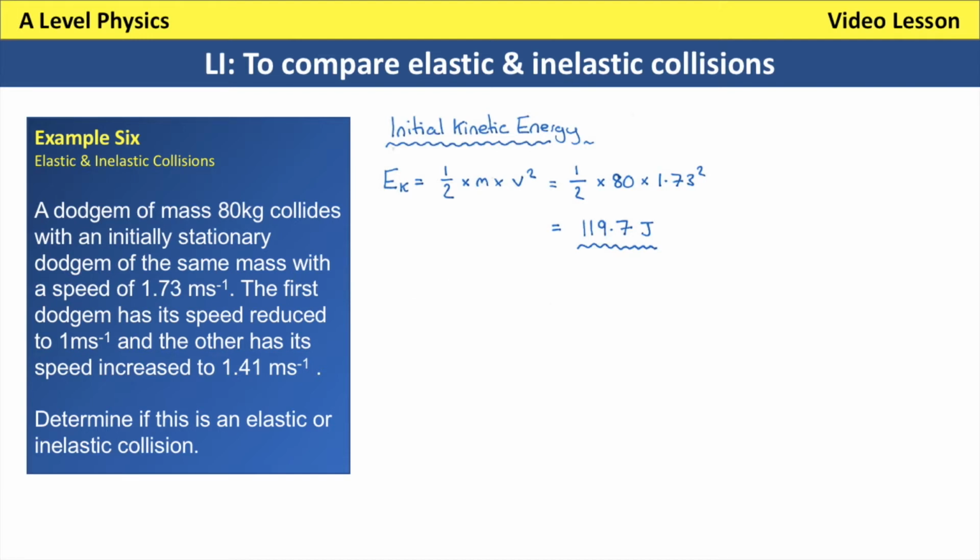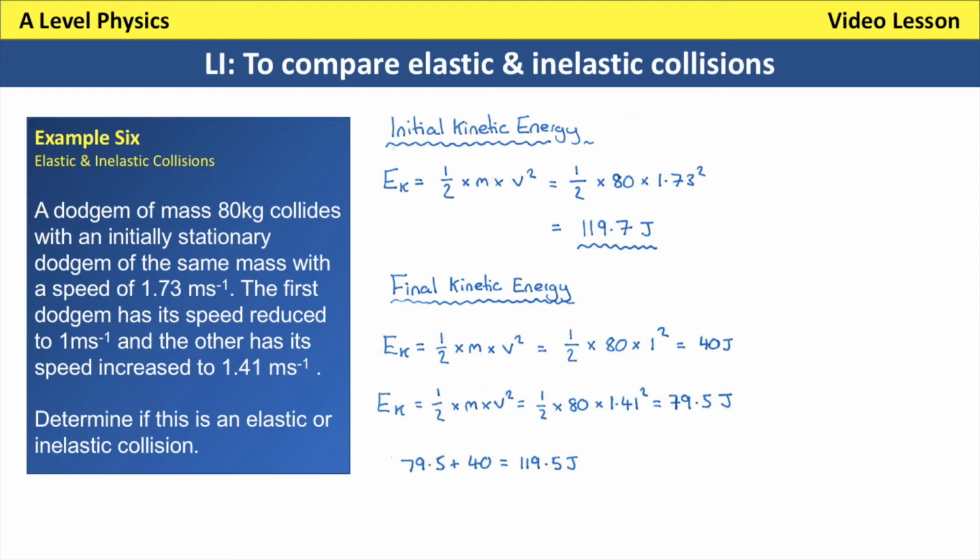I'll then work out what the final kinetic energy is, and we have got two dodgems moving after the collision. One of them is moving at 1 meter per second, so I do a half times 80 times 1 squared, so it has 40 joules of kinetic energy. The other dodgem is a half times 80 times 1.41 squared, which is 79.5 joules.